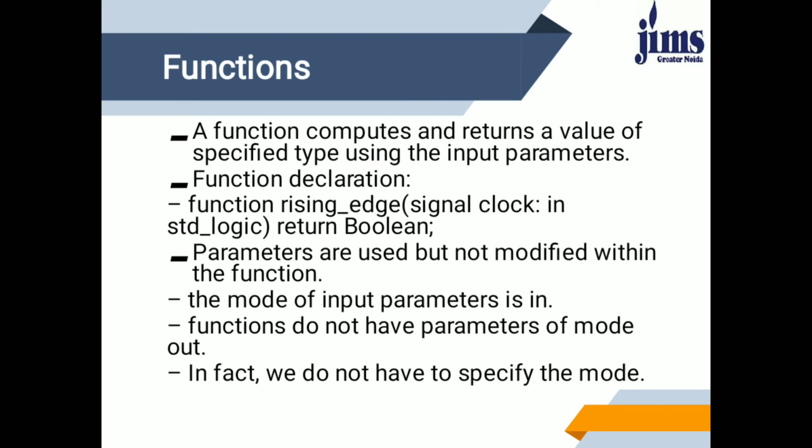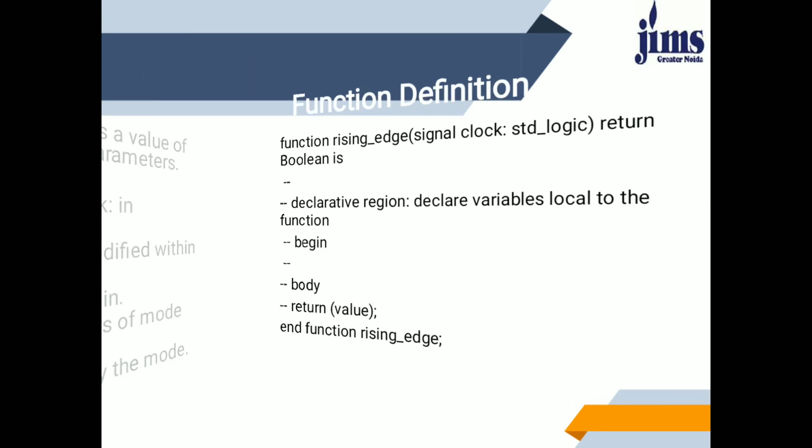The other two prohibitions in a function are signal declaration and component instantiation. To construct and use a function, two parts are necessary: the function itself, that means the function body, and a call to the function. Their syntaxes are how they will be defined.